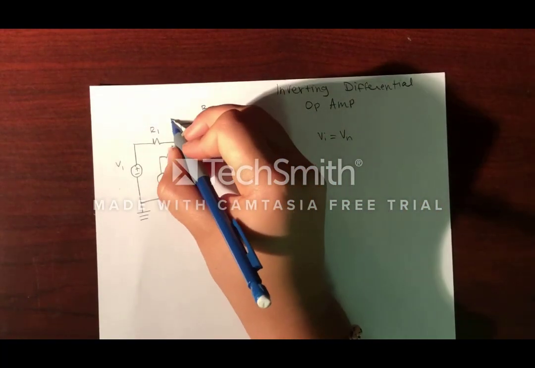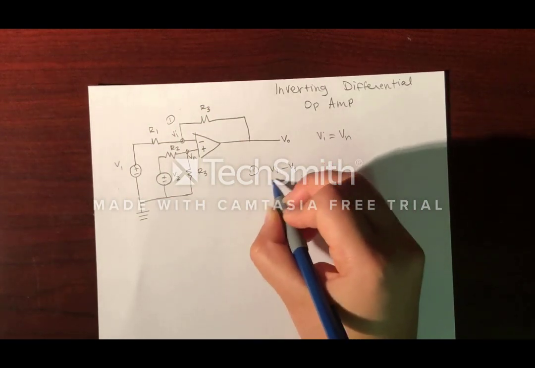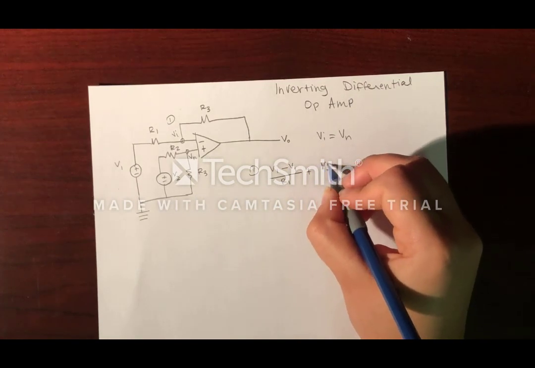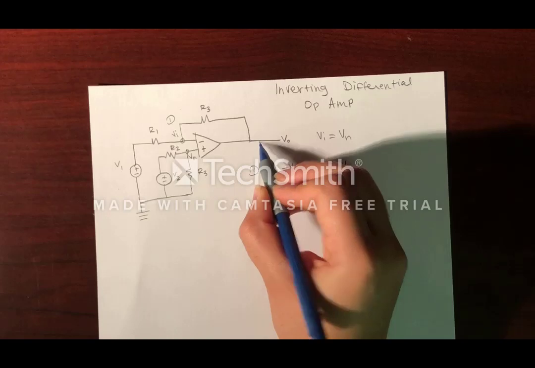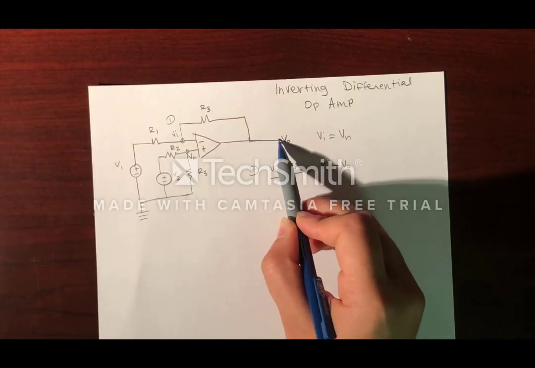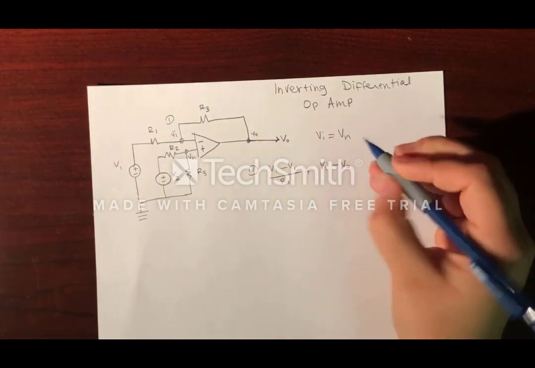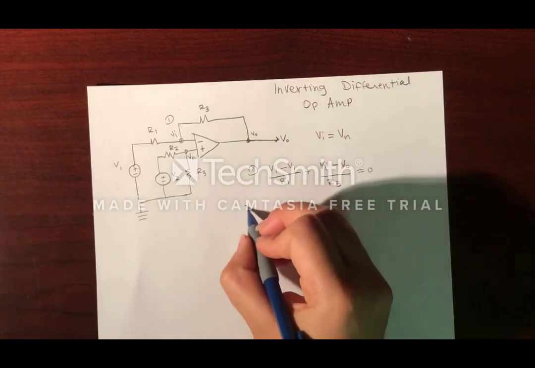So starting at this first node, we will say that (Vi minus V1) over R1 plus (Vi minus V out) over R3, because this node has no resistor or capacitor or anything that is impeding the voltage source, we will say that this node is also V out, which is all equal to 0.